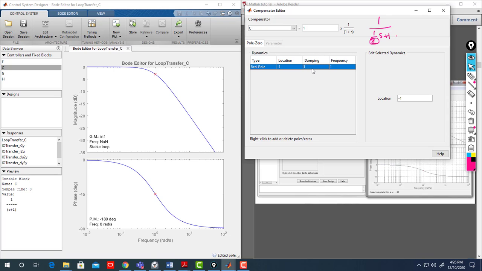Location is -1. What does it mean? It means the location of your pole. If you want a pole located in the s-plane at -1, then you need crossover frequency equal to 1. Basically because s plus 1 equals 0, then s equals -1. And here 1 over 1 means the 1 is your crossover frequency. So that's what it means. The location and frequency are almost the same. So damping equals 1. Why damping equal 1?